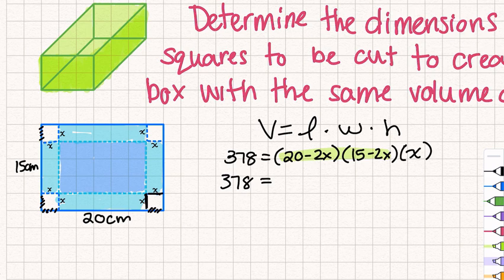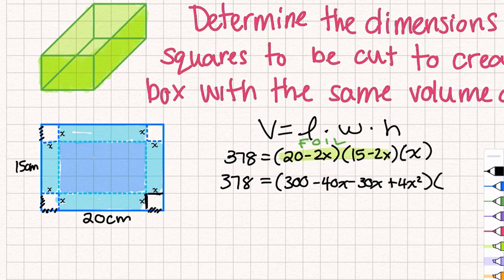We're multiplying the first, outside, inside, and last terms. So we would have 300 minus 40x minus 30x plus 4x squared. That's being multiplied by x.